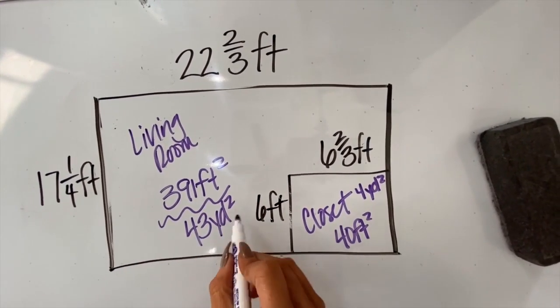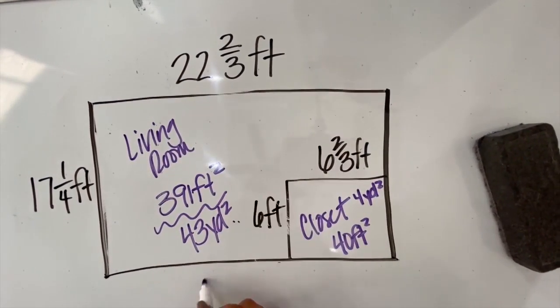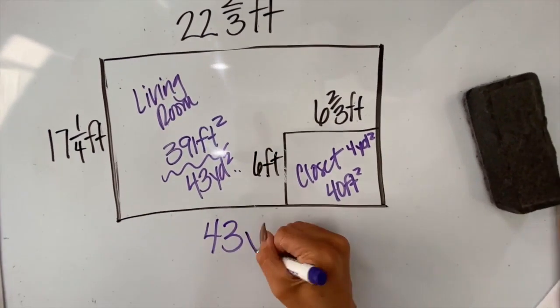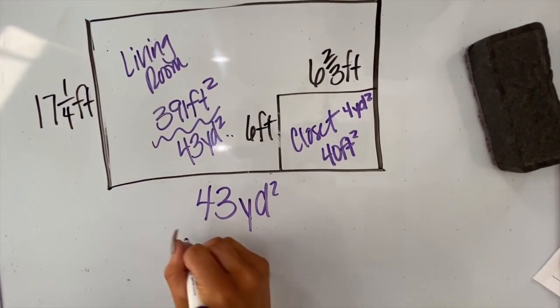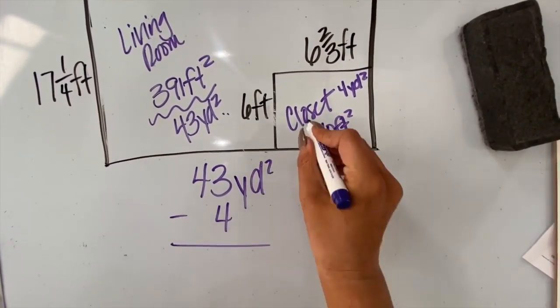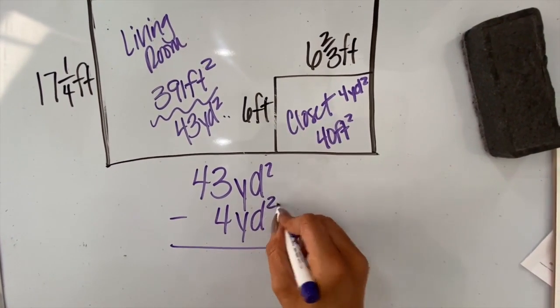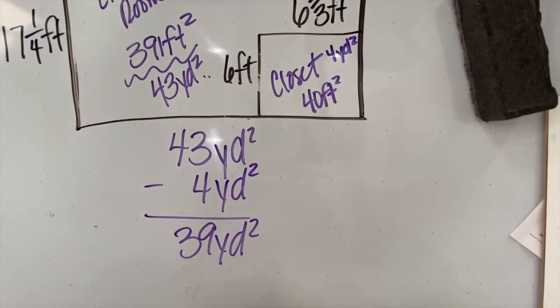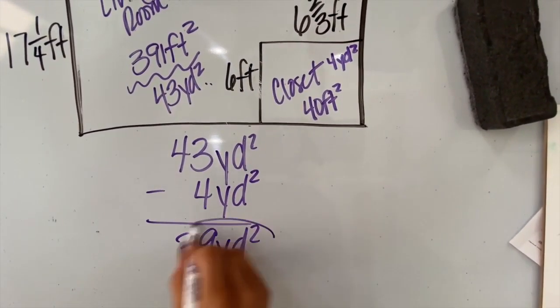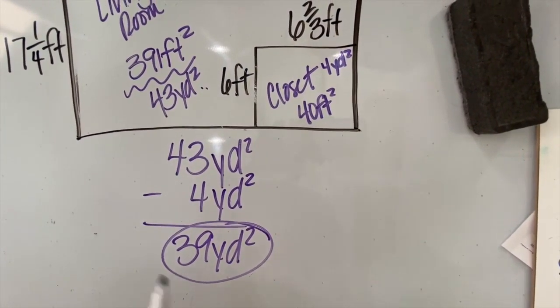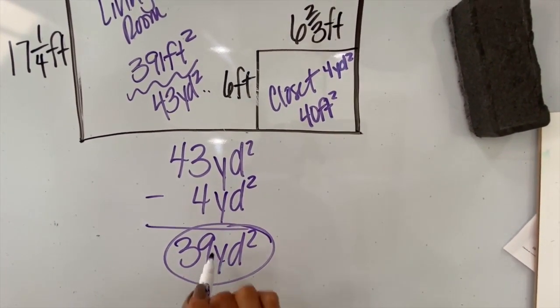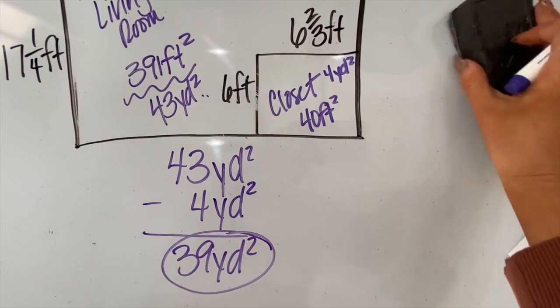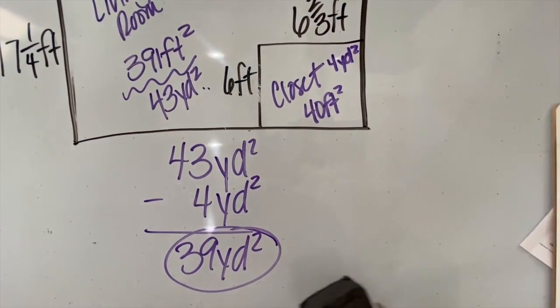Okay, so if the living room is 43 yards squared, I'm going to take out the closet, which gives me roughly 39 yards squared. This is my final answer for how many yards squared of flooring I need.